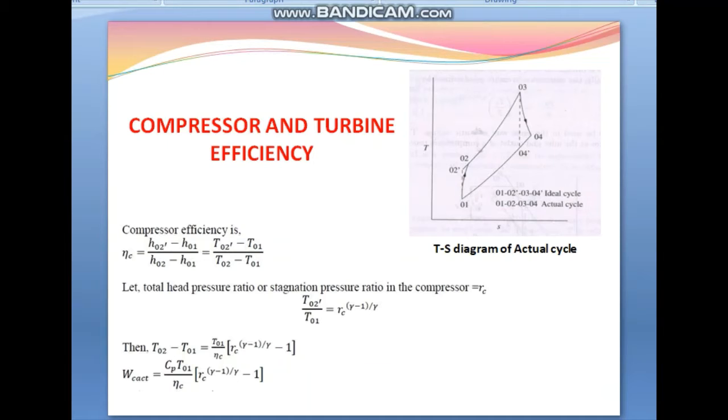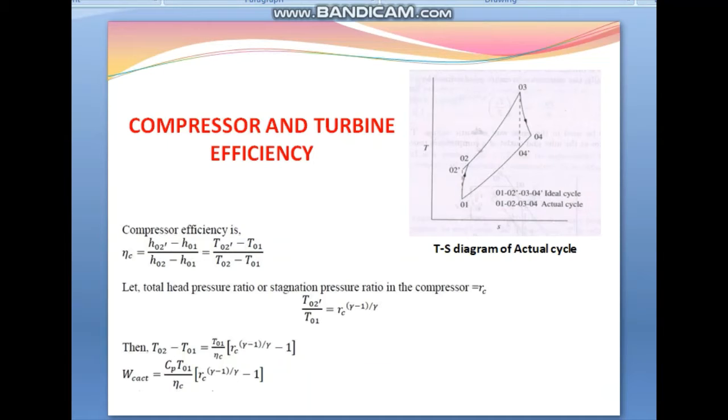So the outcome is that the temperature of the working fluid is higher at the end of compression than it would have been had the process been truly isentropic.